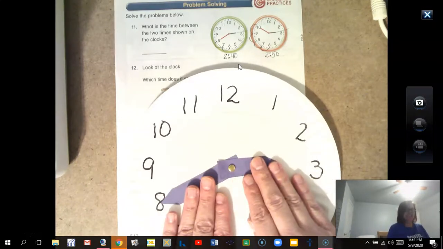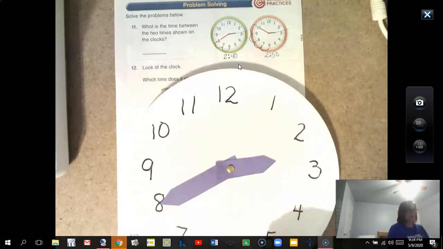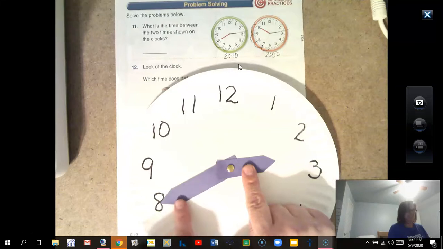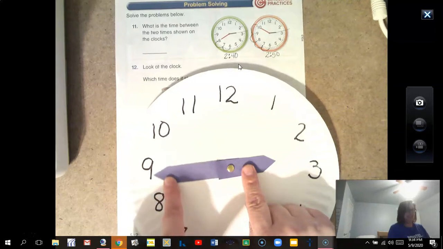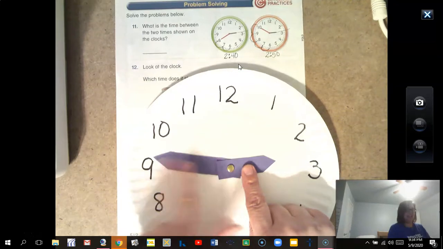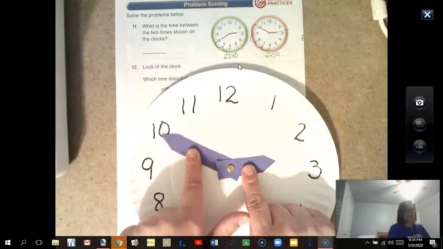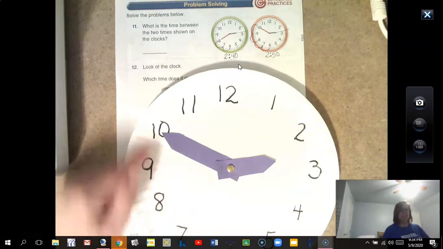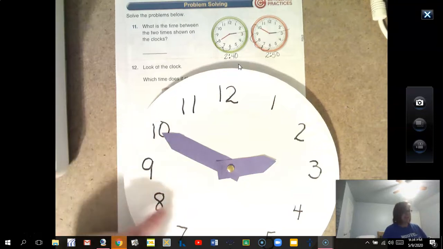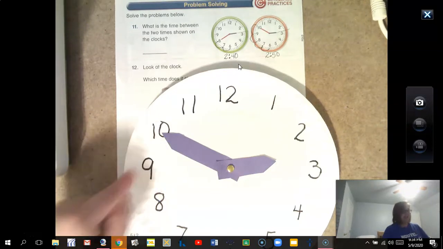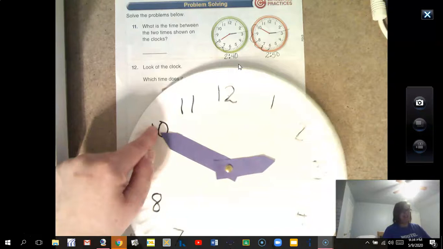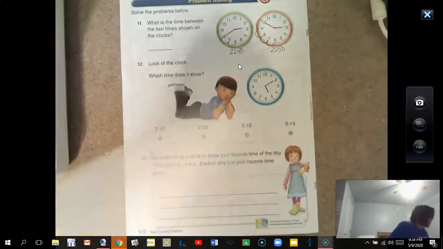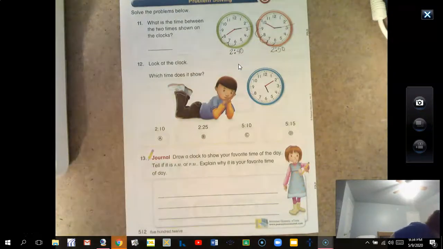So really it only moved, the minute hand only moved from the 8 to the 10. Well, let's count how many minutes that is. 5, 10. So it only moved 10 more minutes, right?